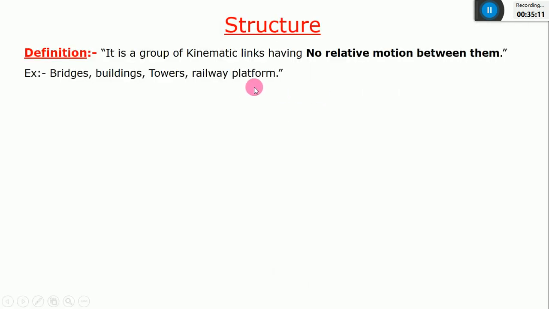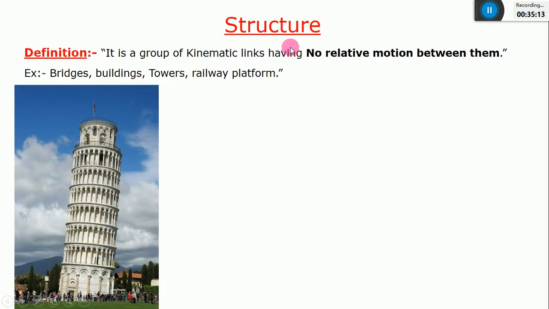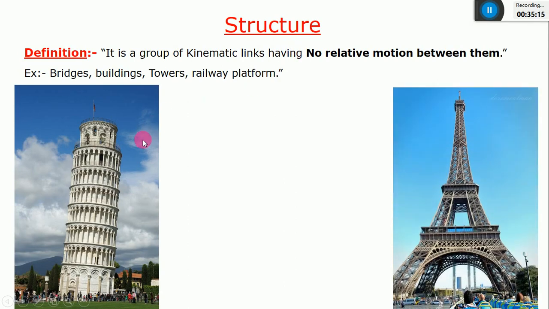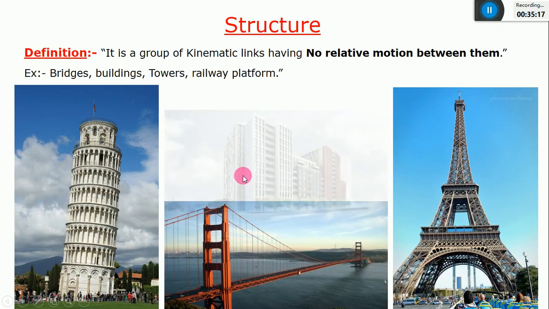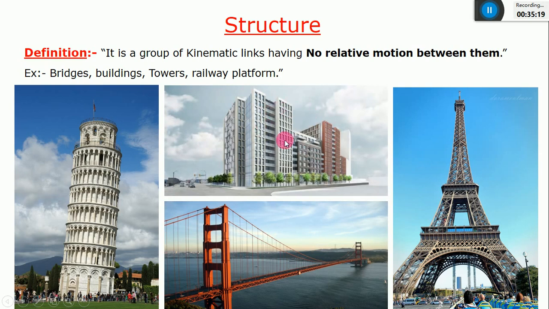Then finally, I'll take the last topic, that is a structure. All these things are examples of a structure: buildings, bridges, towers. So how can you say a structure? You can see in all these figures there is no relative motion between parts. This building is made of so many parts, or you can say links or elements, but there is no relative motion.